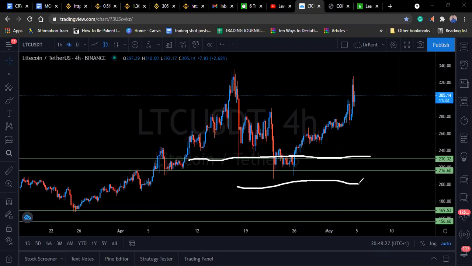But then we know that sometimes support and resistance does not always use horizontal levels. Sometimes it could be diagonal. Why? Because price is ascending, and as it goes up, it comes down, it's moving in waves.